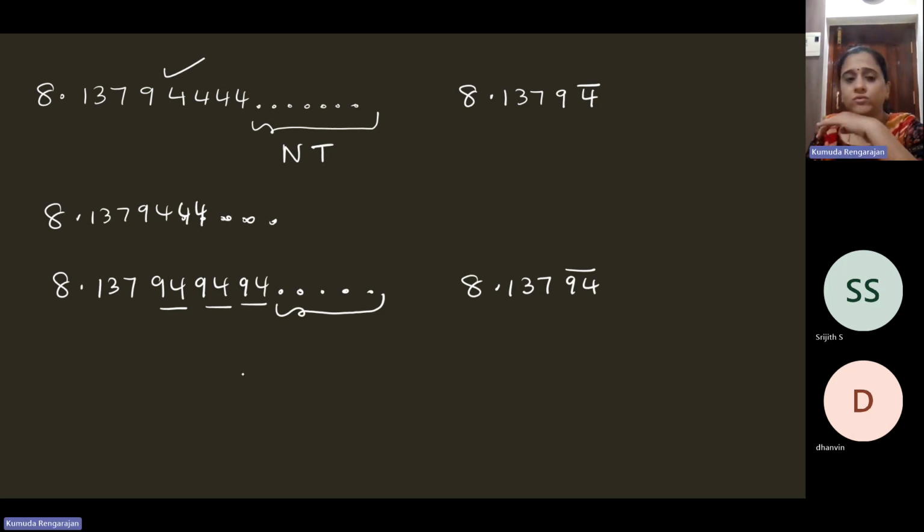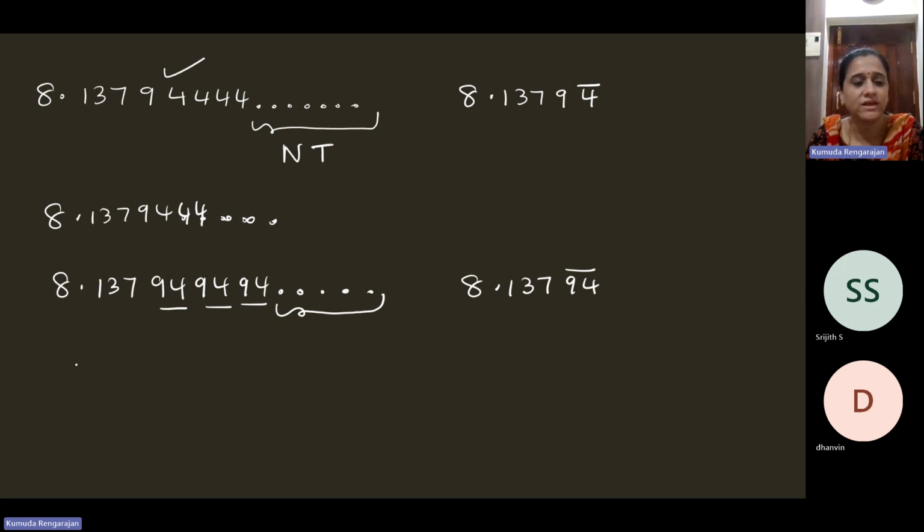Now we've understood 2 types of decimals, terminating and non-terminating, repeating. Terminating means the decimal part will come to an end. Non-terminating means the decimal part goes on forever. Repeating means one digit or a set of digits will keep repeating themselves.